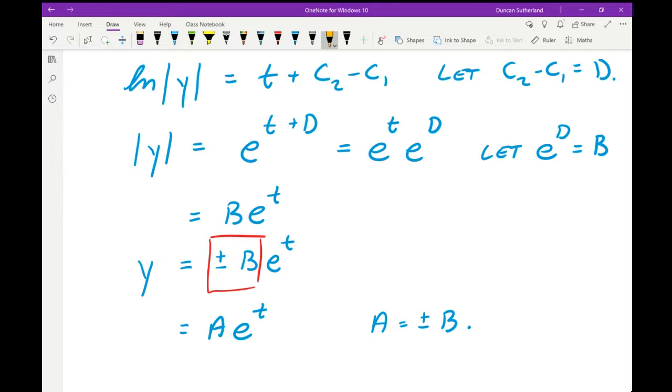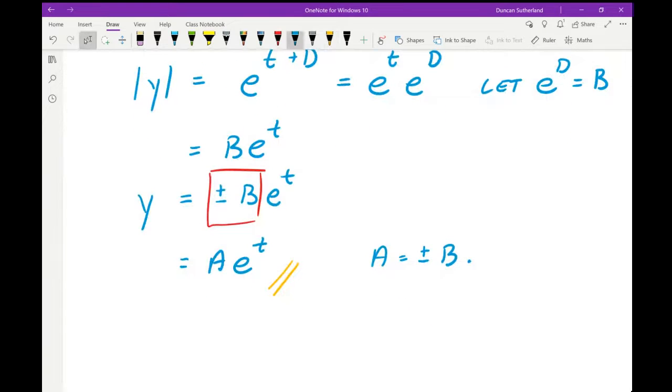If you multiply a constant of integration by some other constant, you just change your constant of integration. There are lots of tricks where your constant of integration will change, but because it's still a constant, you just write a different letter there. So that is the general solution to our problem. Not all of our problems, unfortunately.